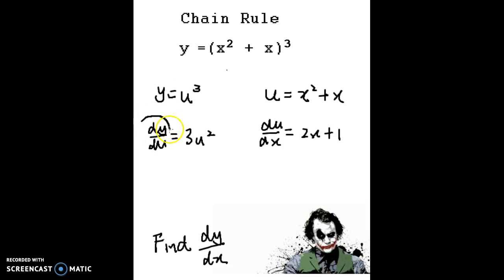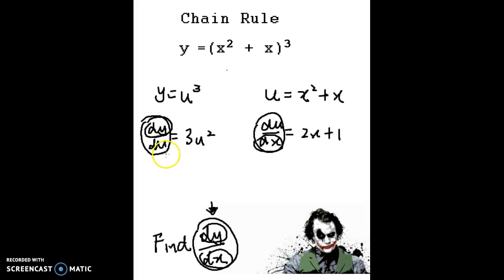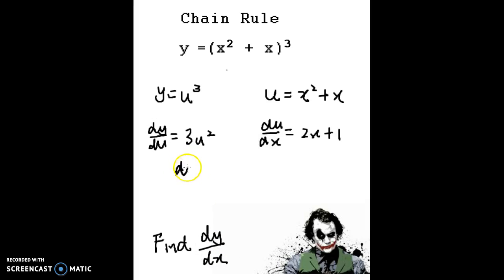Alright, so now I've got two fractions here. But the fraction that I want to find is dy over dx, so I want dy on the top and dx on the bottom. Looking at these two fractions, I've got dy on the top here and dx on the bottom. To get to the final answer, all I need to do is multiply these two fractions together, then I'll get dy/dx. So I multiply dy over du by du over dx.